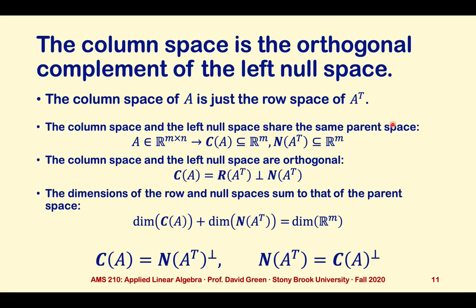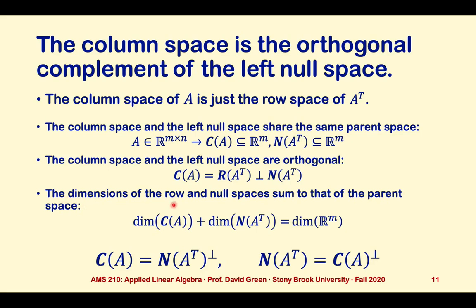This relationship means that the same 3 rules apply. The column space and the left null space share the same parent space. The column space and the left null space are subspaces of Rm, where m is the number of rows of A. This is a relationship we've seen before.